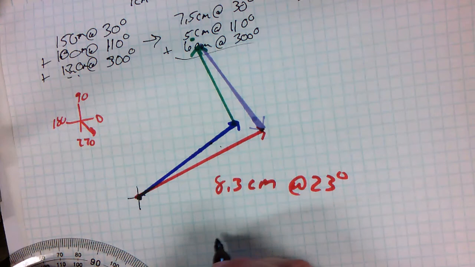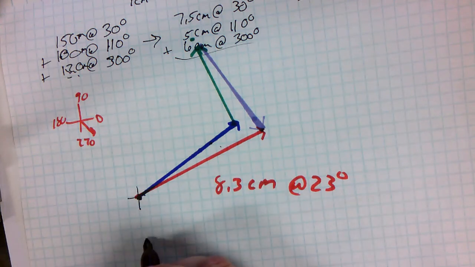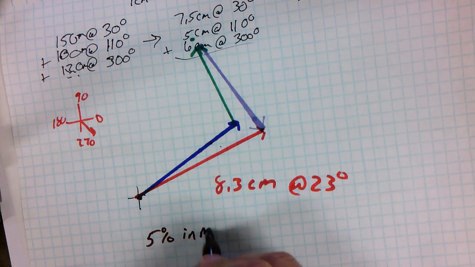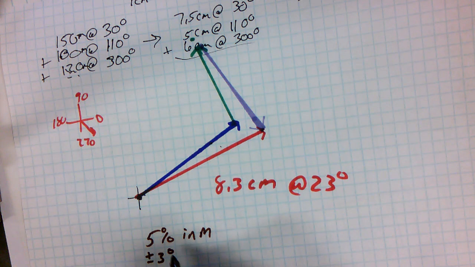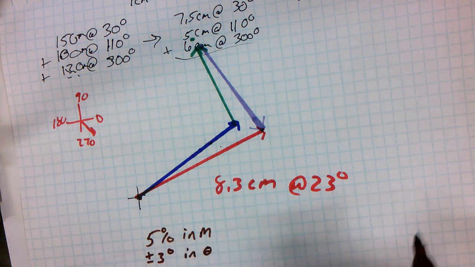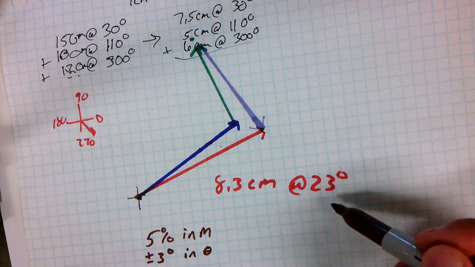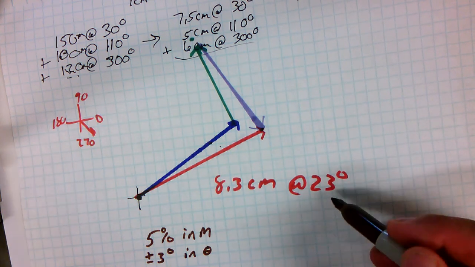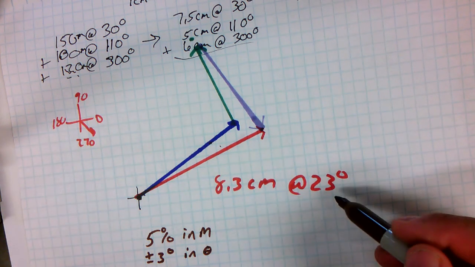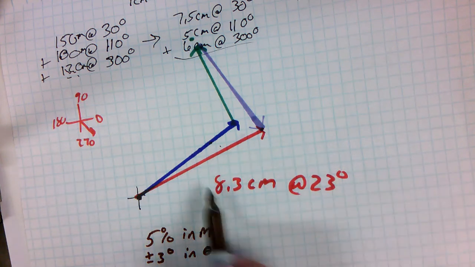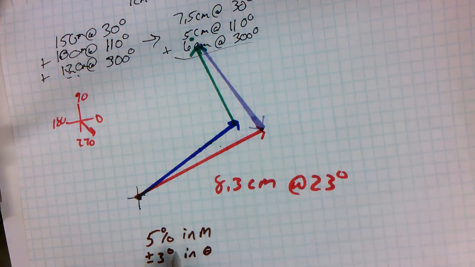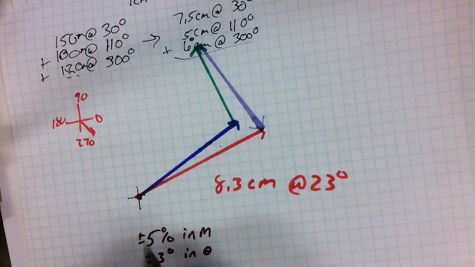Whatever that happens to be, we are going to allow there to be a 5% error in magnitude and a plus or minus 3-degree difference in angle. And so if this value in reality was 8.25 at 22.5 degrees, this would fall within the error margin to get full credit. So there's an error margin that we have to live within, plus or minus 5%, plus or minus 3 degrees.